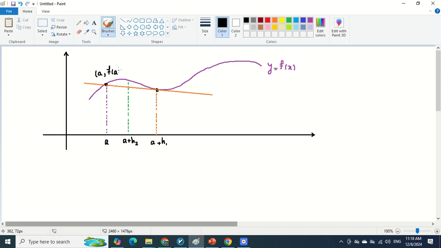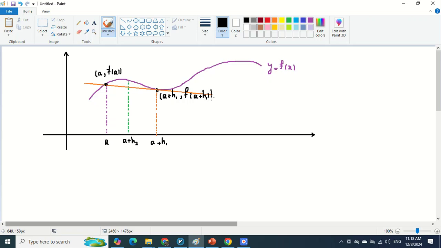For the second point, the first component is a plus h1, and the second component is f of a plus h1. So this is the component of the second point.